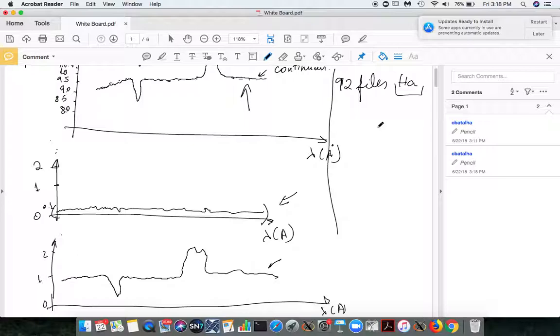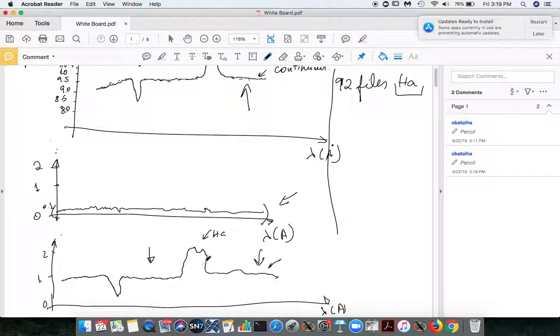So what we need to do is to take and define, and I haven't gone there yet, but we have to go, let's say this is H alpha. We have to go and determine where exactly at which wavelength the H alpha shoulder ends. You know what I mean?